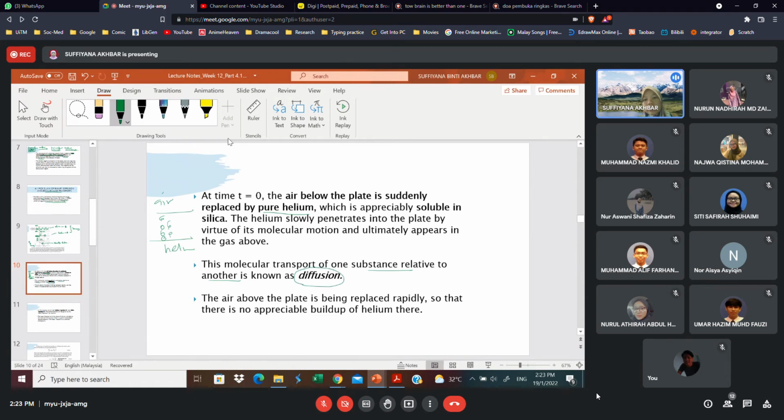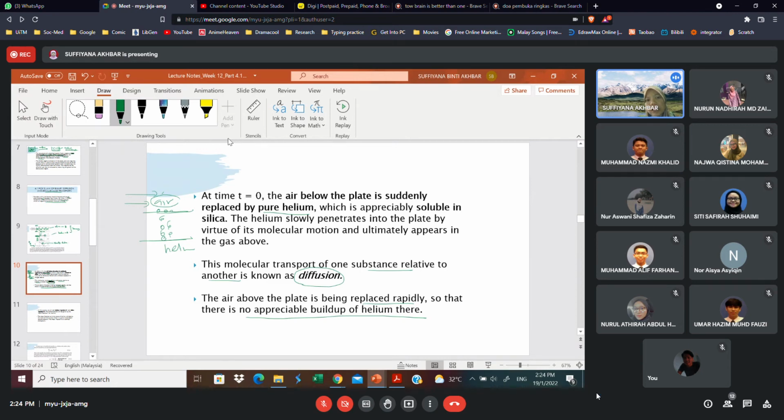The air above the plate is being replaced rapidly so that there is no appreciable build-up of helium there. So at the upper plate here, there is air, and normally there is a velocity of the air to remove the helium that builds up, the concentration.